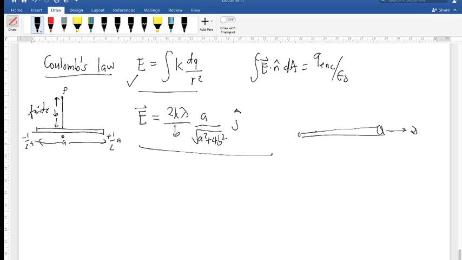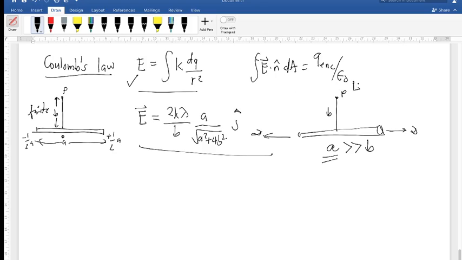Meaning if we compare, the distance B to your field point P stays the same. So this means that when A, the length of the line charge, is very large compared to the distance of your field point to the line charge, what will happen to the electric field expression?